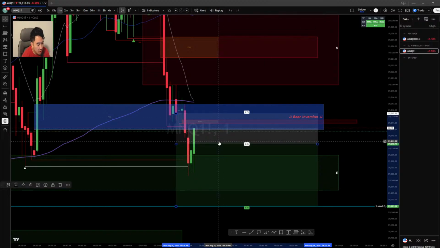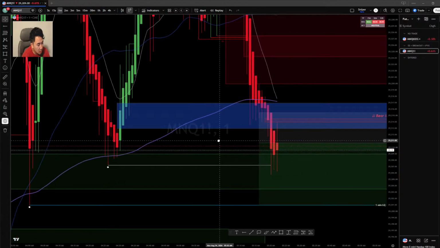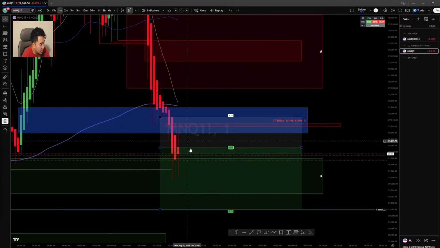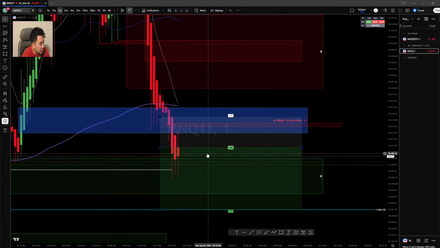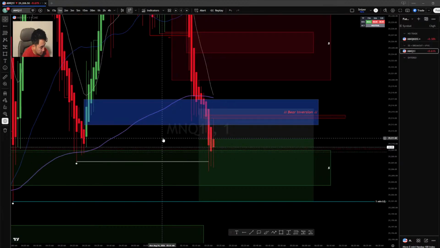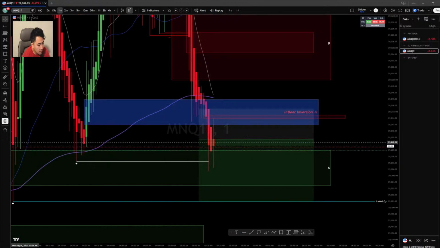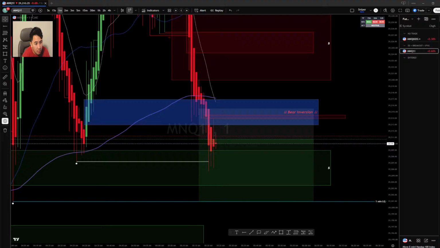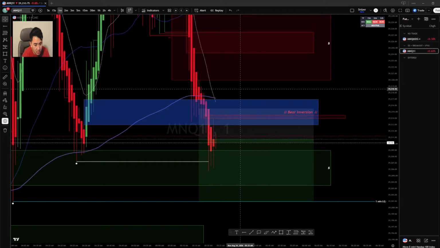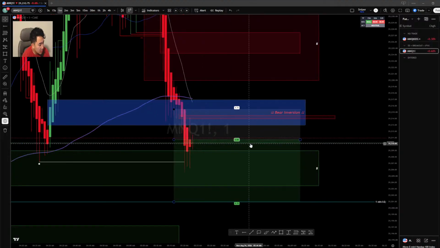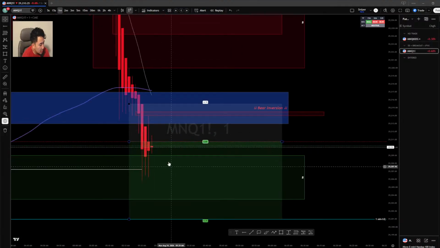But let's see what the RR would be. What I'm going to do is change to my Heikin-Ashi chart here. I want a green candle pullback and not just a red candle here. I want a deeper pullback, so I want a green candle on the Heikin-Ashi chart.